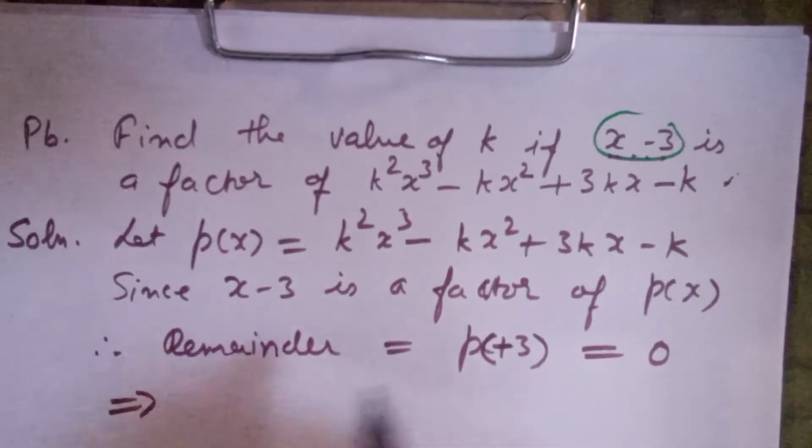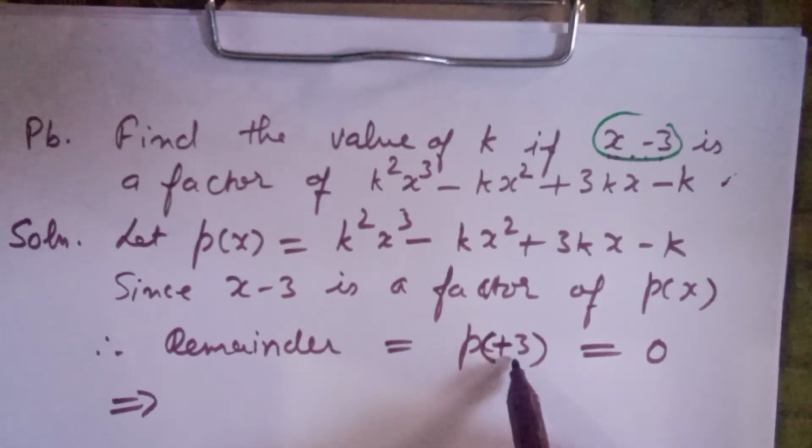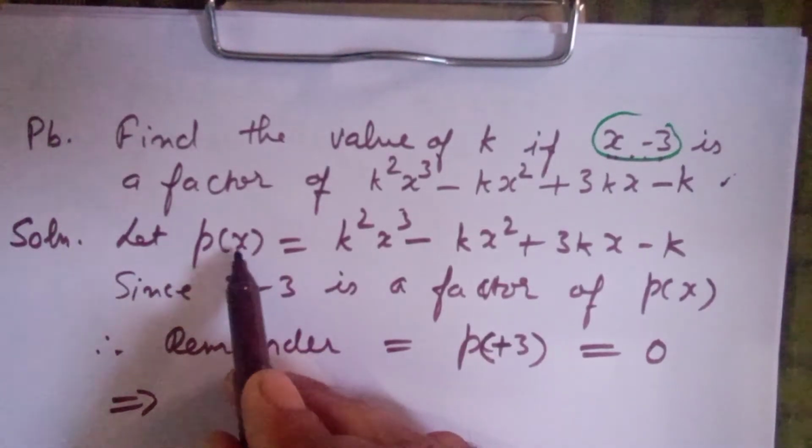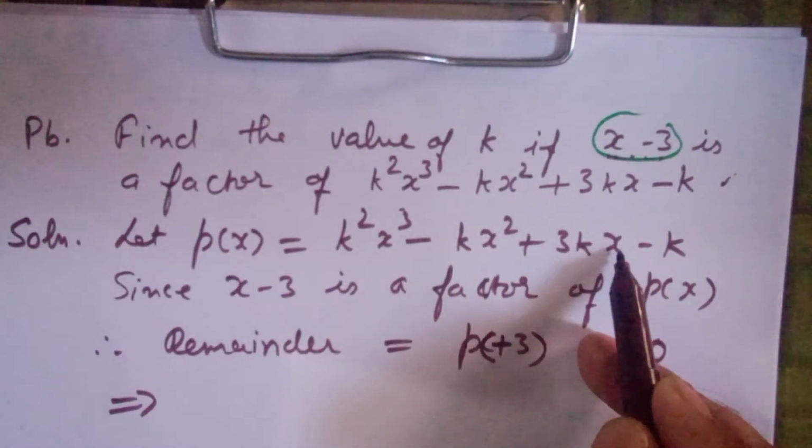Now, we are going to find out p of 3. We are substituting x as 3 in px. Here we are having 3, so here also 3, here also 3, here also 3.